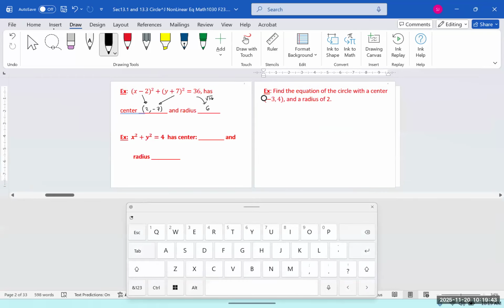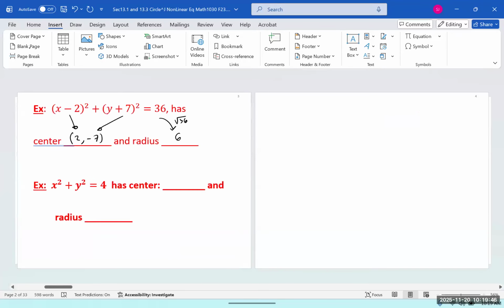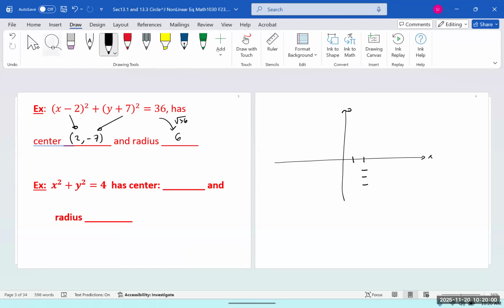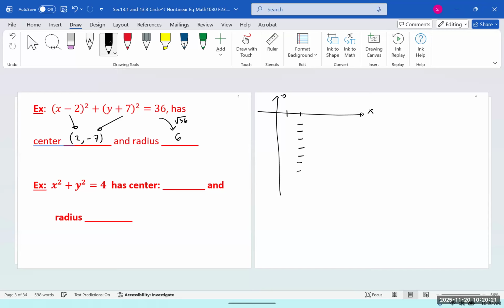So what does it mean? It means we have x, y, 1, 2, 1, 2, 3. Actually, let me draw a little bit up. So we have center at 1, 2, x value, and then 1, 2, 3, 4, 5, 6, 7, -7 here.